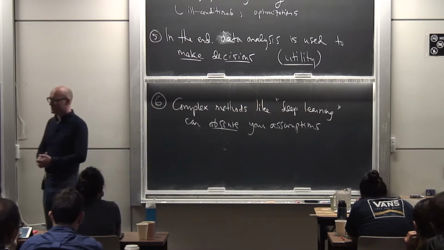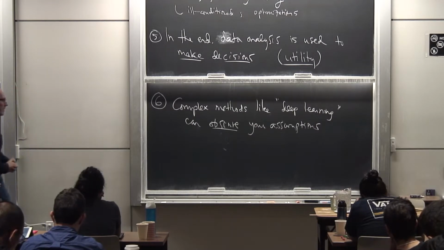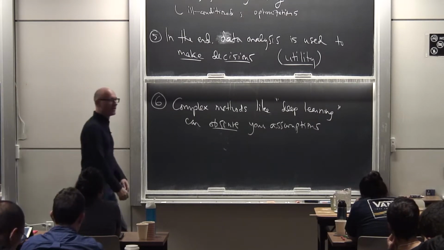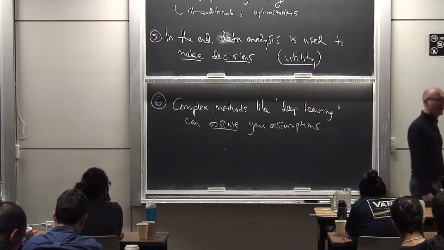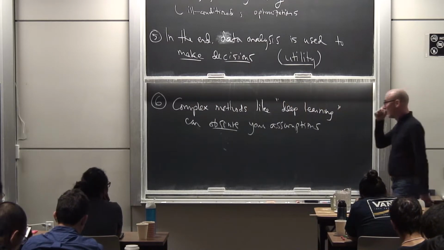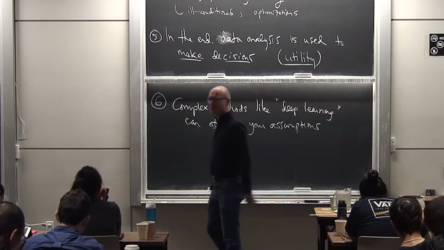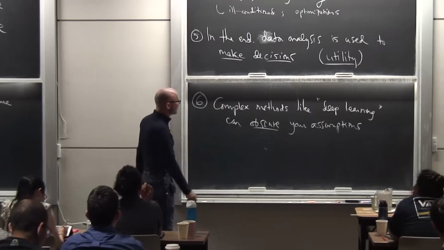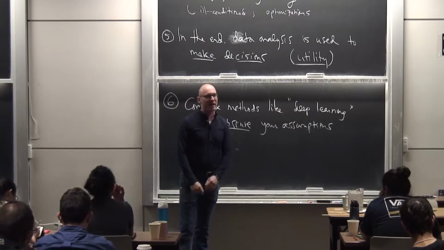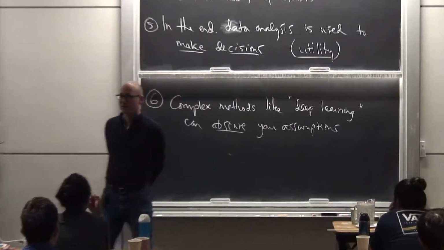There's a lot of excitement right now about complex methods like deep learning. You'd have to live under a rock if you haven't seen horses turned into zebras, or random photos captioned by machines. People are very excited about these methods. These are very high performing methods that are used all over.